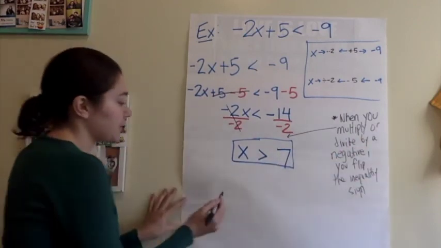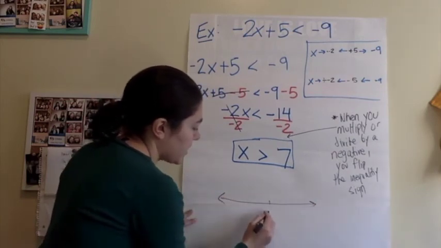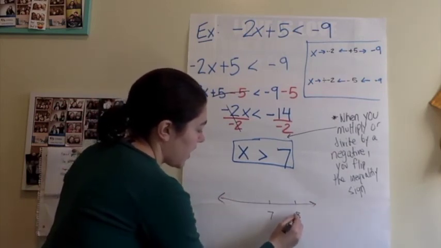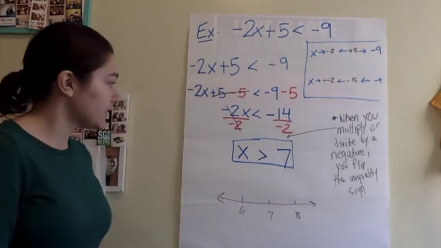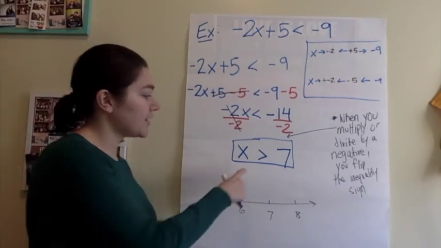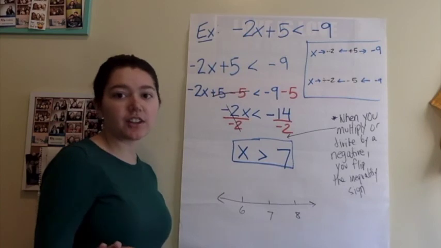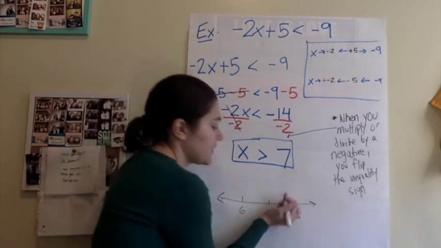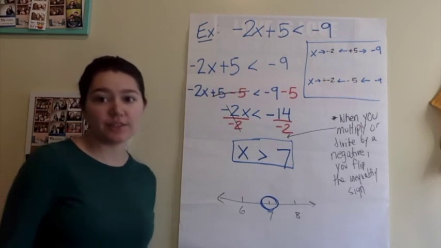Alright, so let's graph our solutions then. There's my kind of messy number line. Get the idea. I have 7 in the middle. My solution is all values that are greater than 7. Since it's just greater, not greater or equal to, I'm going to have an open circle at 7 because it doesn't include 7.